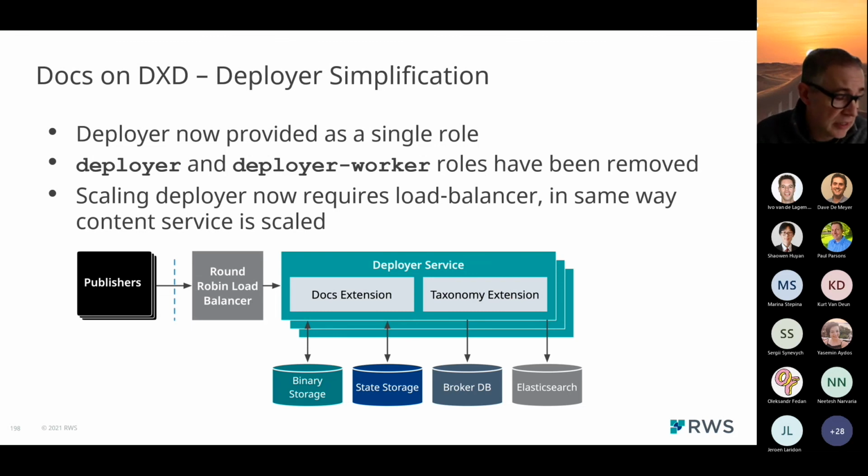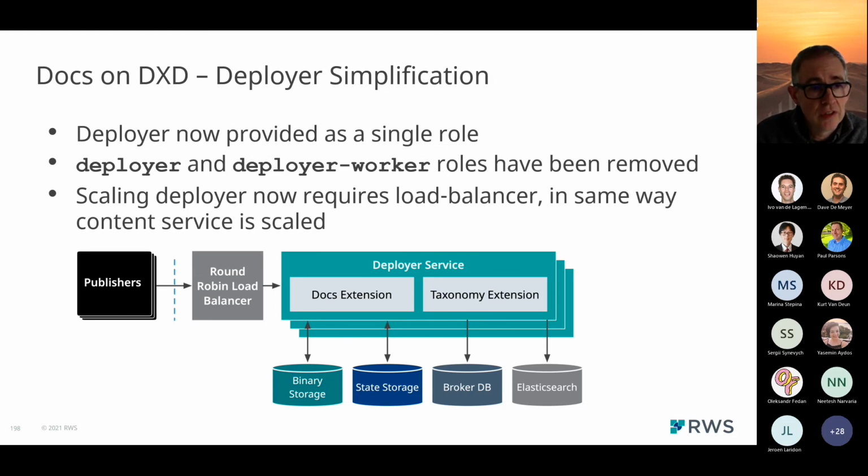We've found in our own cloud deployments that the combined deployer can be scaled pretty well on its own, vertically, and if you need to scale it horizontally, you can just scale the deploy combined role itself without having to jump across to the split roles. So we've got rid of those two split roles.